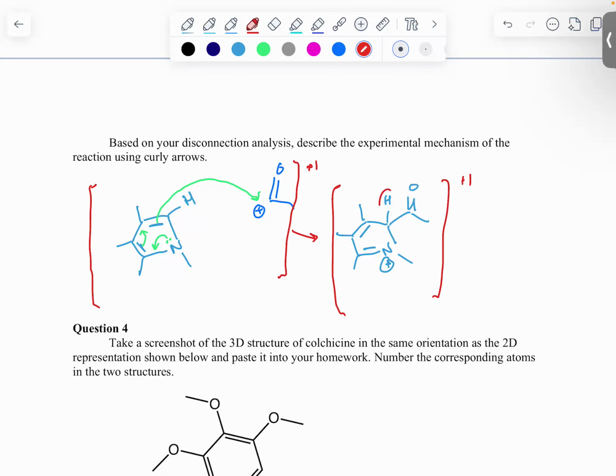But to neutralize it, the pKa of this proton is going to be pretty high now. So a base can come in and take that proton, shifting the electrons back around until we get our product.